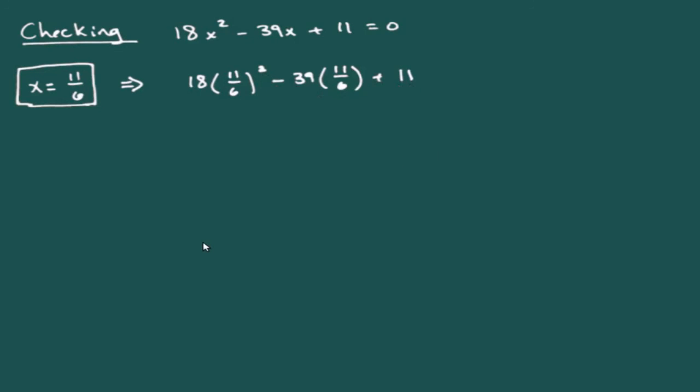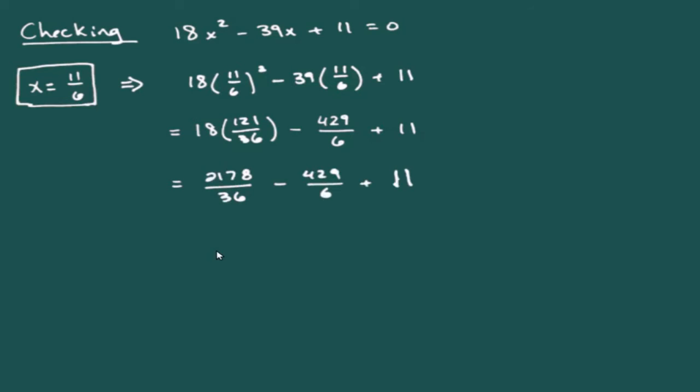Well, 11 over 6 squared is going to be 121 over 36, and 39 times 11 is going to give us 429 over 6. Well, 18 times 121 gives us 2,178 over 36 minus 429 over 6 plus 11.